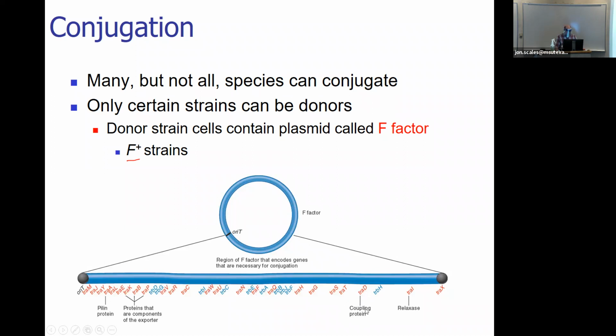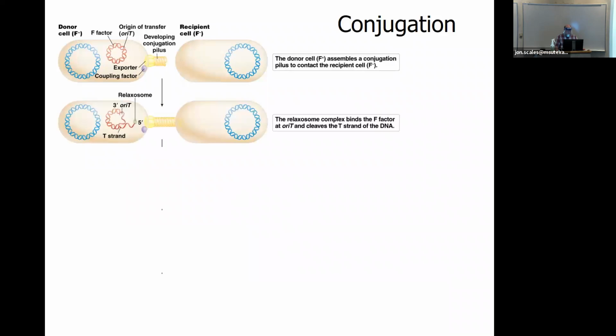So like this one, for example, TRA-A, it makes the protein called pilin, and the pilin is the bridge. So when bacteria have an F plasmid, they can make all these proteins that make something called a pilus, and the pilus can connect to a cell as long as that cell doesn't have a pilus.